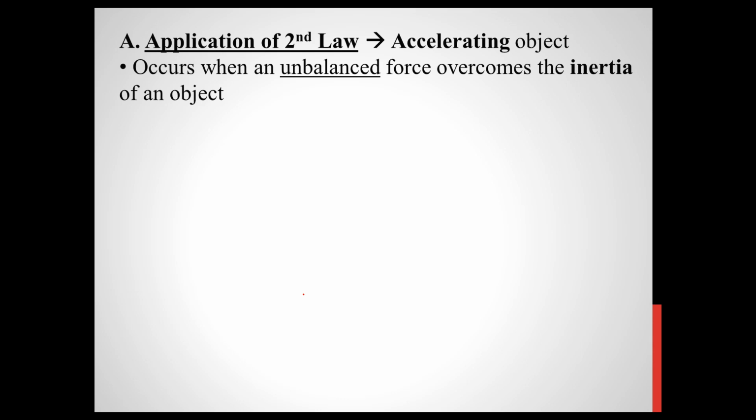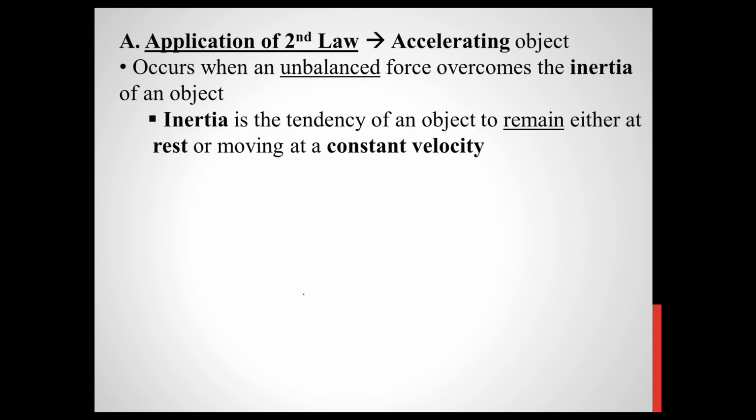Inertia is basically the tendency of an object to keep doing whatever it's doing. It could be the tendency of an object to remain at rest, if it's at rest, or if it's moving at a constant velocity, to maintain that constant velocity. So what an unbalanced force does is overcome that inertia.